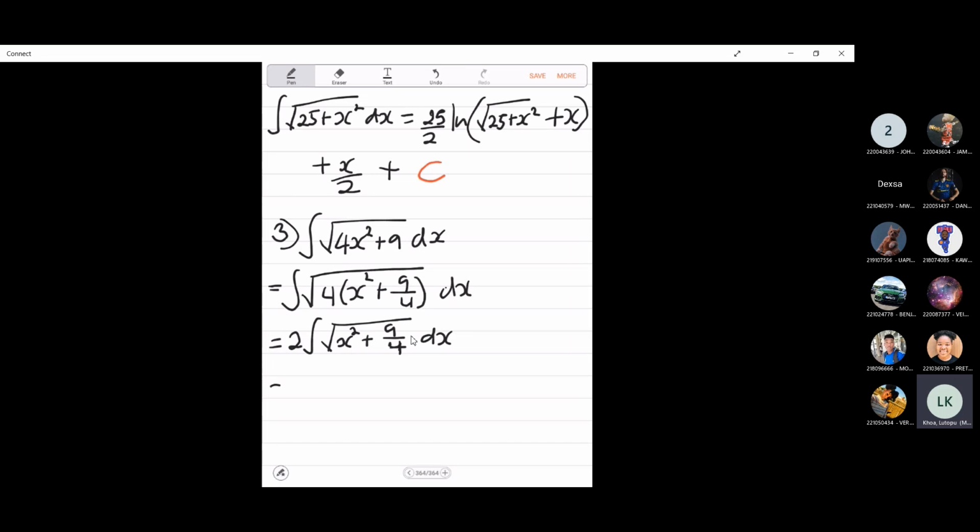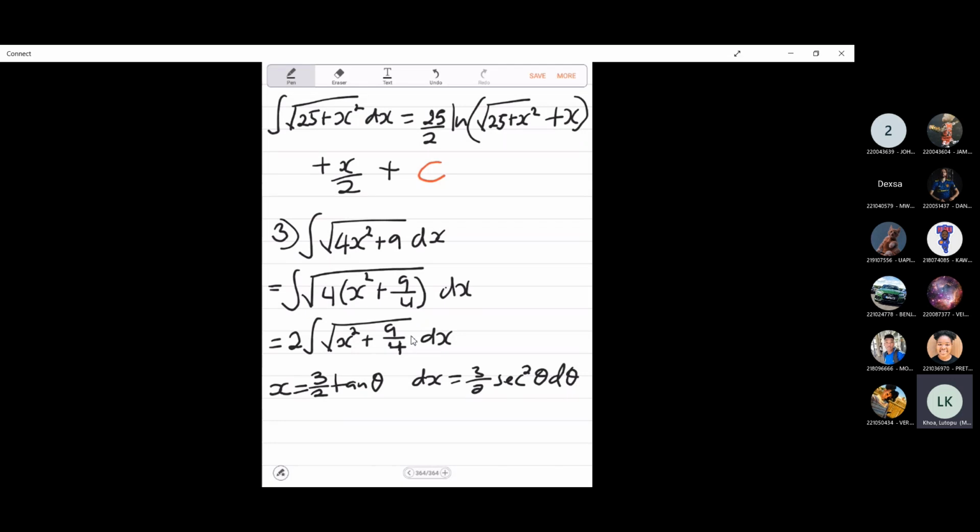So we let x equal to, a is 3 over 2, so it's 3 over 2 and then tan theta, and this means that dx is 3 over 2 sec squared theta d theta.